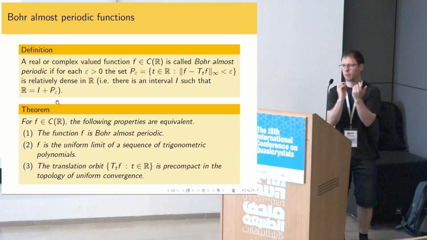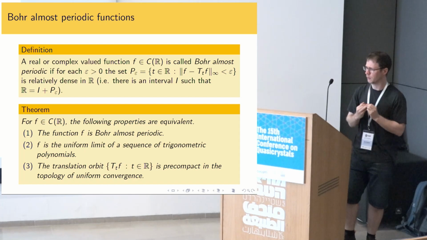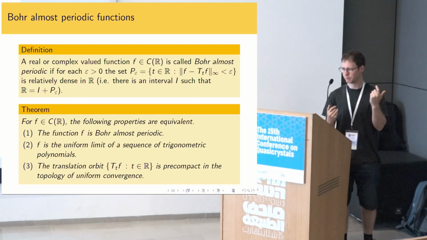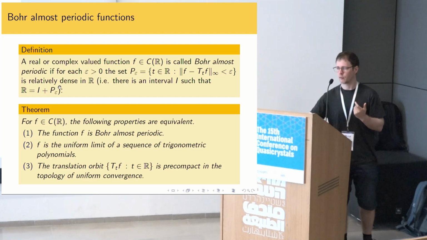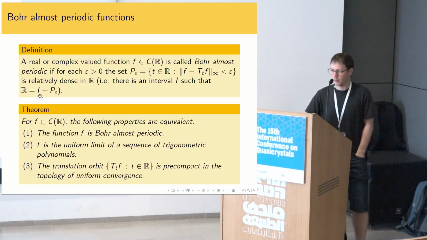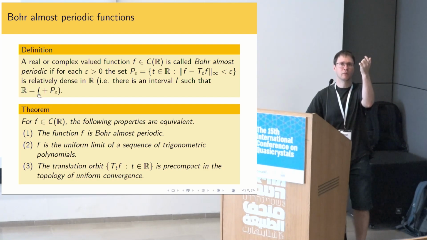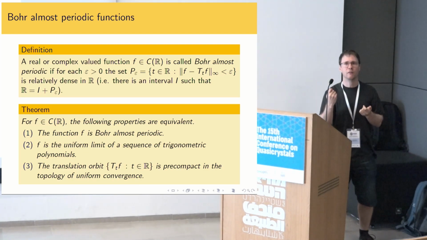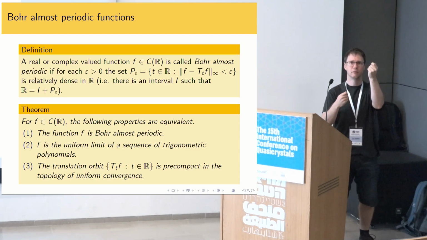So let me just give an easy example of a relatively dense set. The integers. Why? I can write every real number as an interval 0, 1, plus an integer, right? For example, 3.5 I can write as 3, which is an integer, plus 0.5, which is in the interval 0, 1.